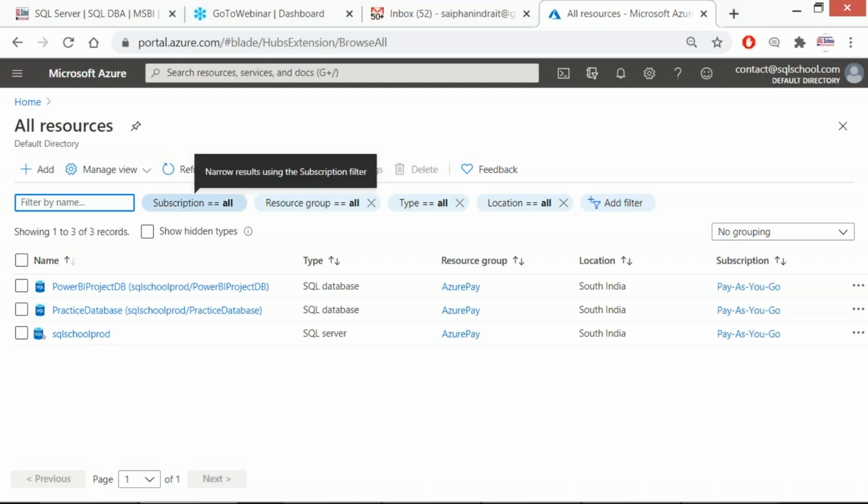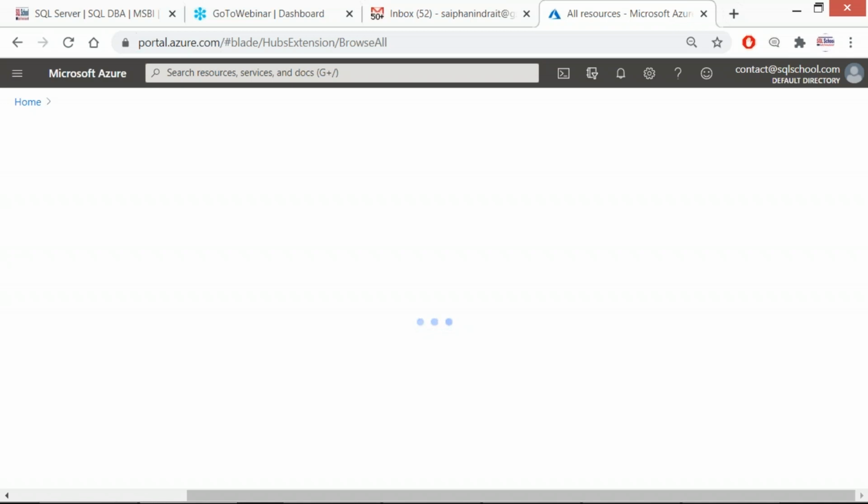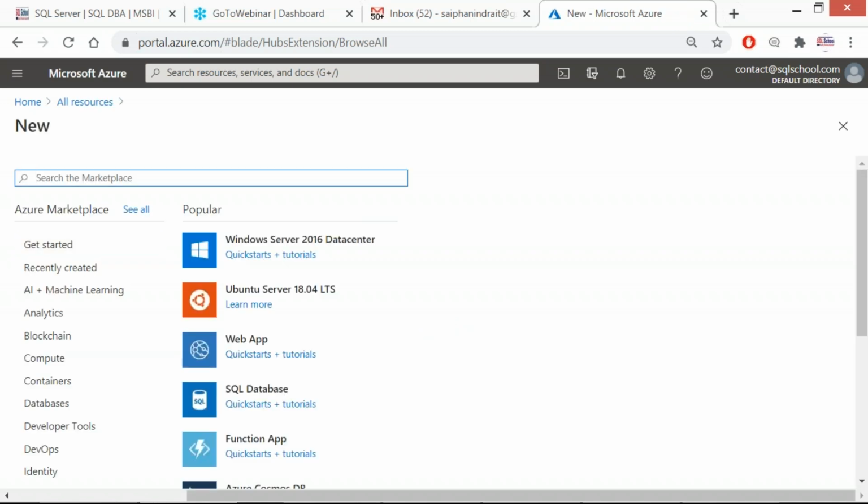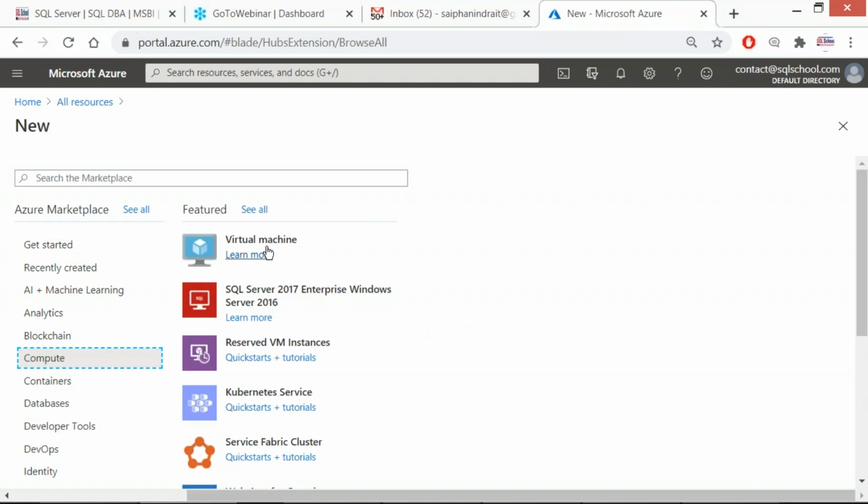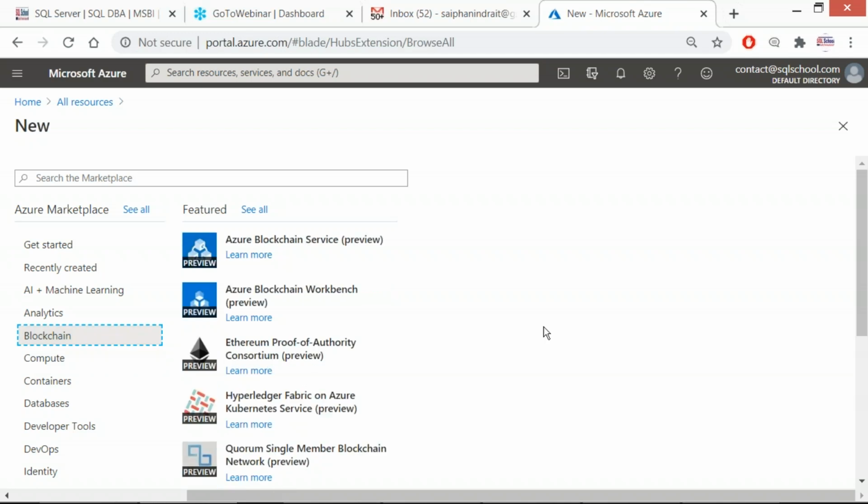So we have servers, databases, or we have options to store something called virtual machines. We can configure virtual machines, or we can also have blockchain components mainly for banking environment.